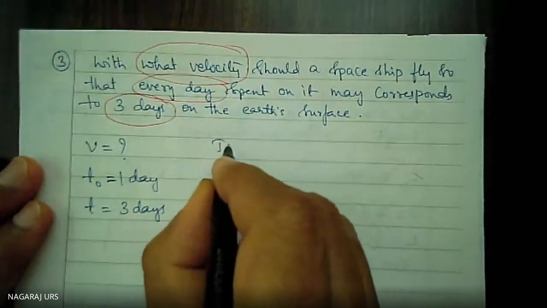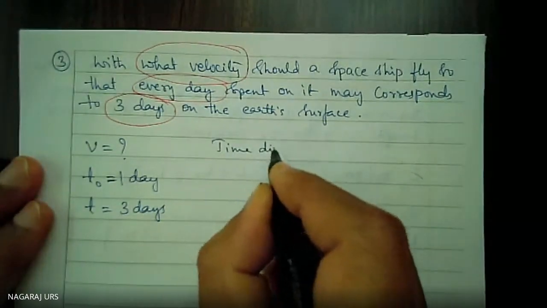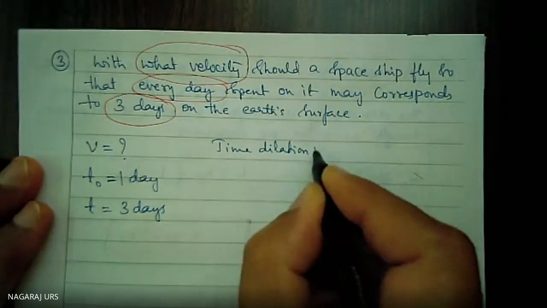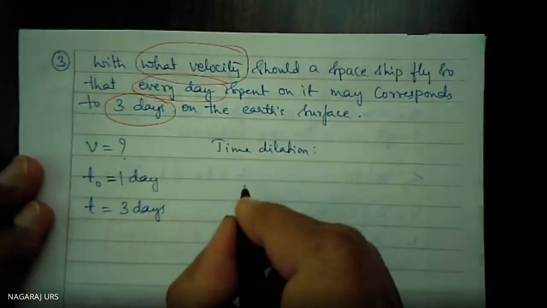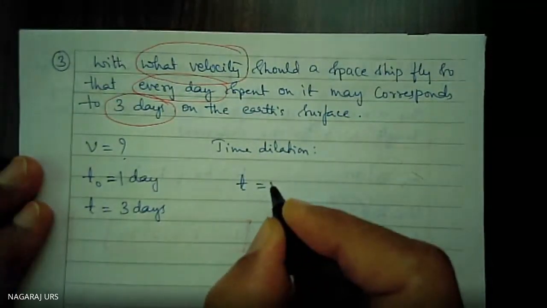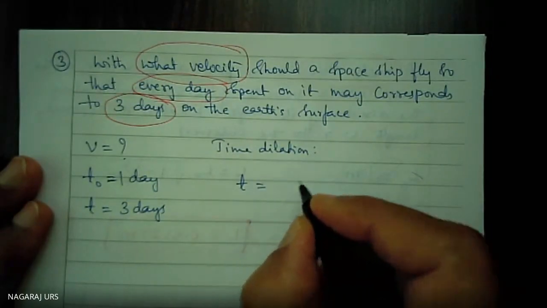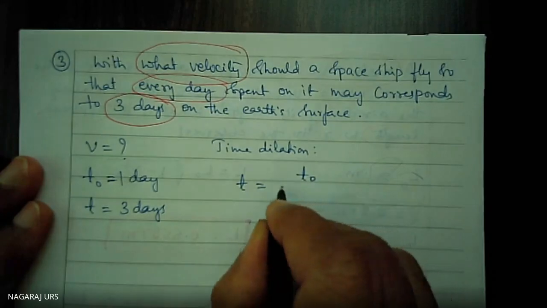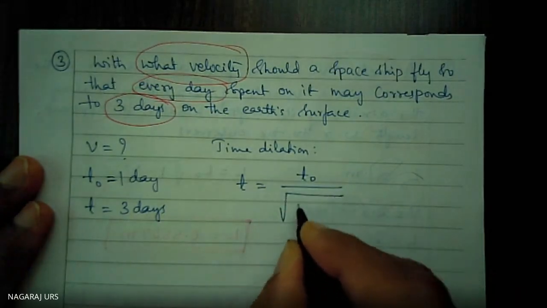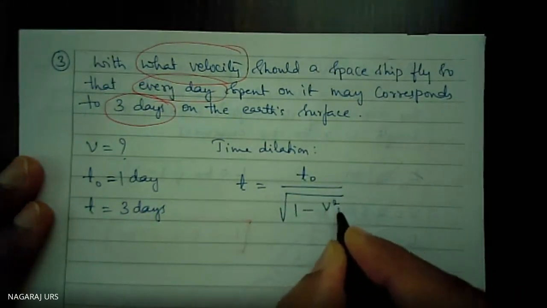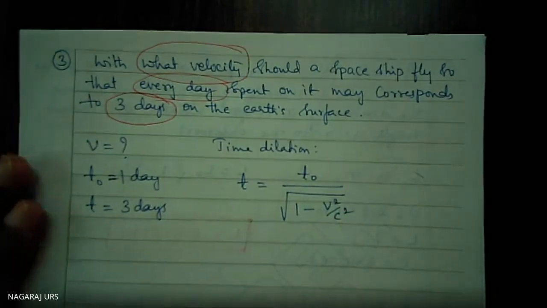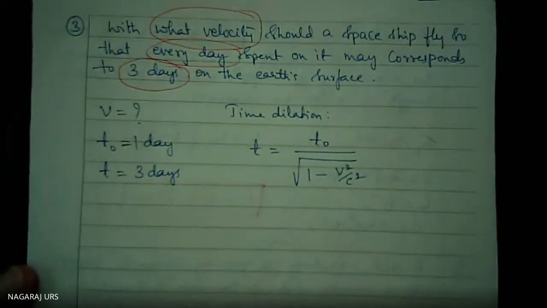This problem is related to time dilation. Don't get confused with the previous formula. T is equal to T naught divided by the square root of 1 minus v square divided by c square. Okay, the time dilation formula.